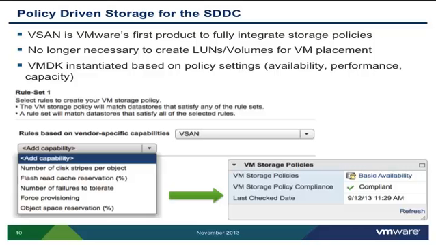Is it going to be mirrored across hosts? Or am I going to do some cache reservation for this virtual machine? Do I want to make it thin or thick? So all of these things now go into policy. Select the policy at virtual machine deployment time, and your VMDK object gets instantiated based on the contents of this policy. So that's where we see things going.